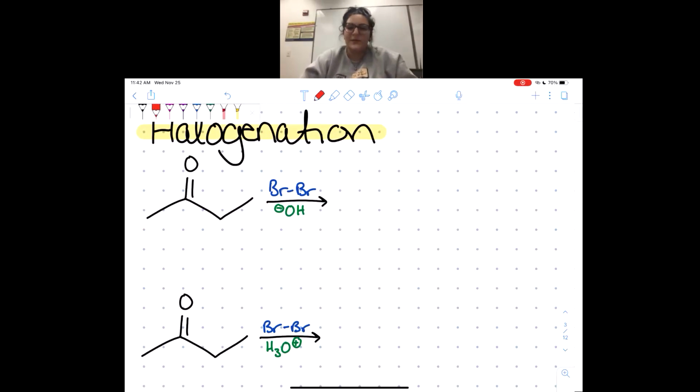So, when we have a base catalyzed reaction and we're working with the enolate chemistry part of orgo, what is the base going to do? Yes, it is going to grab a proton.